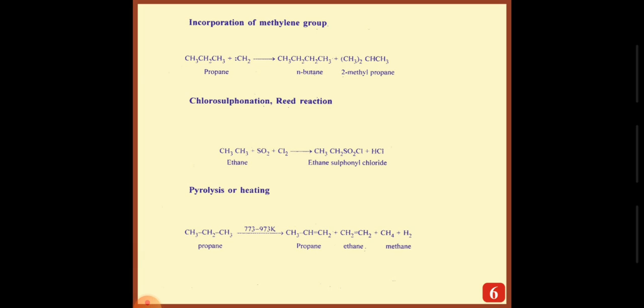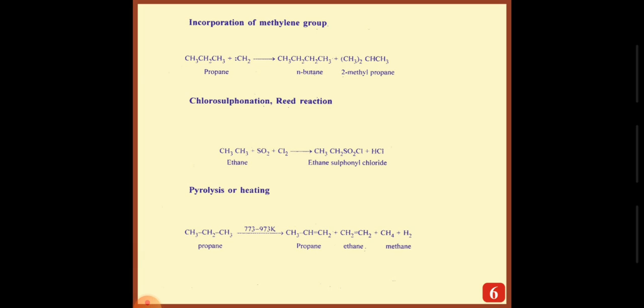For example, propane on heating at 773 to 973 degree K forms propene, ethene, methane and hydrogen. This process is known as cracking.